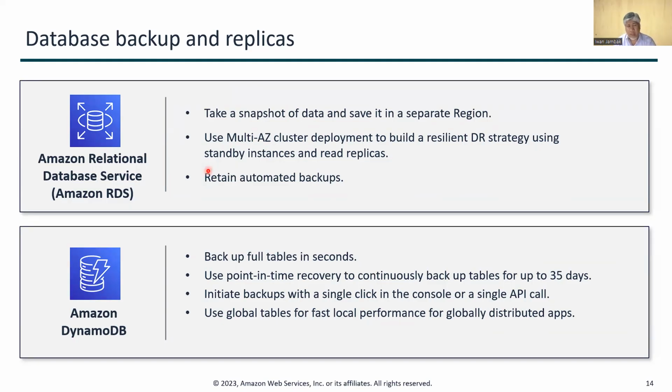Like we discussed yesterday, you can have the standby instance, the standby replica. Also, you can create the read replicas. And you also can retain automated backup when you use Amazon RDS.